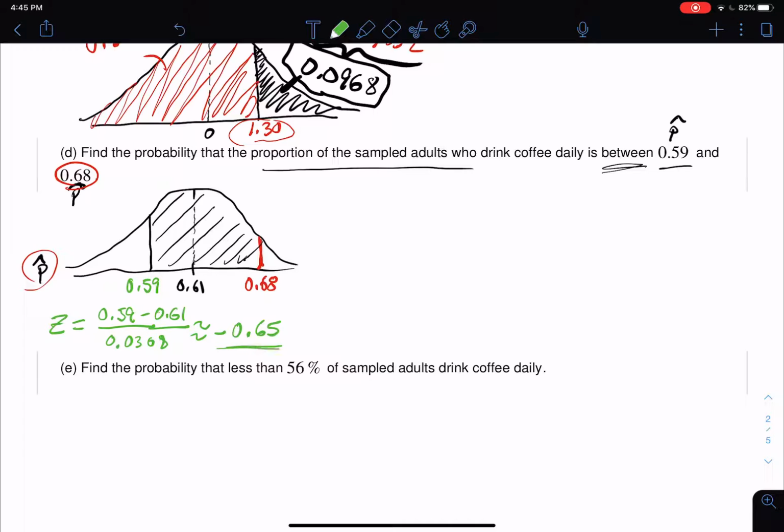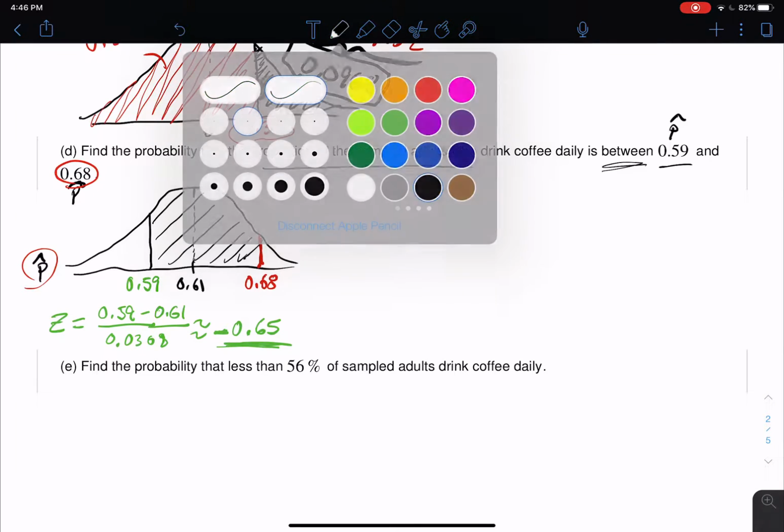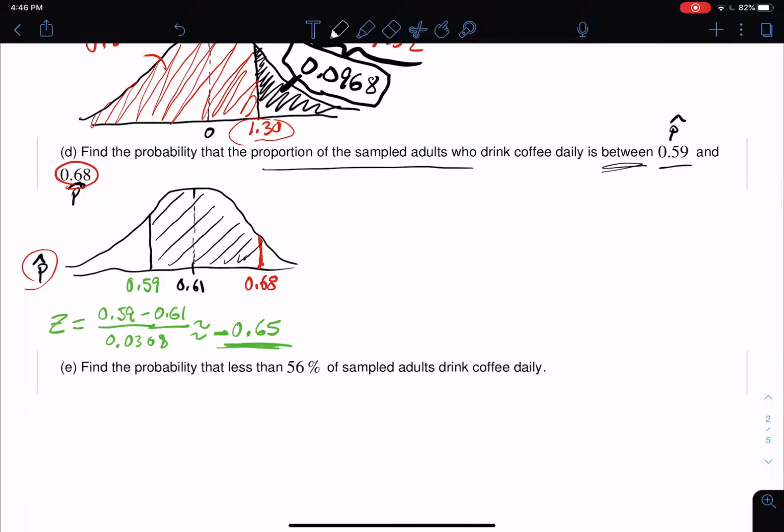That's a z-score, so be careful. It looks like a percentage or proportion, but it is negative, so that is definitely not the area under any curve. I'm going to make this over here so we see where it belongs.